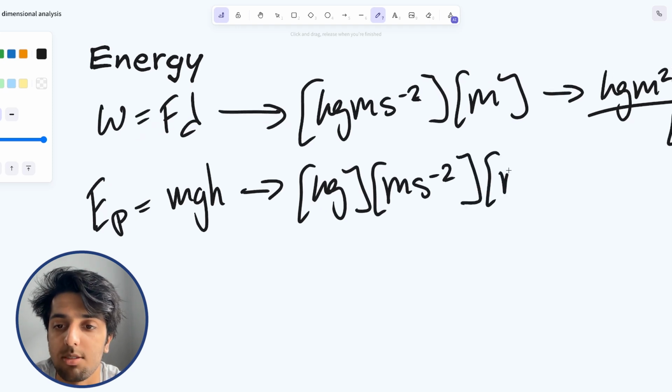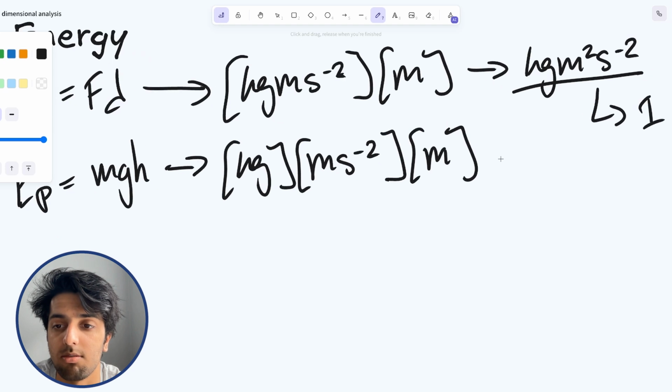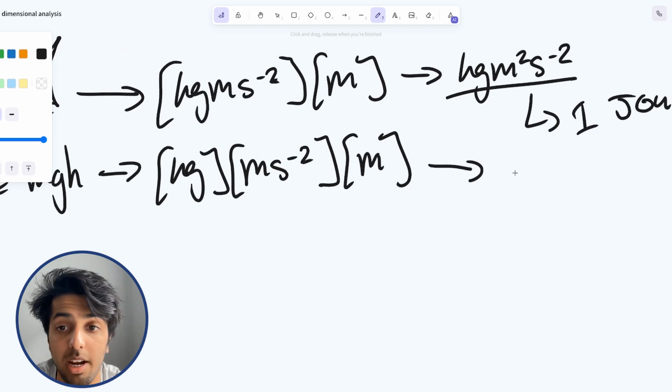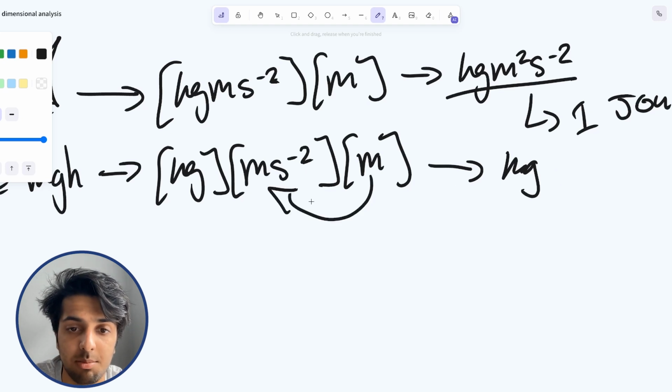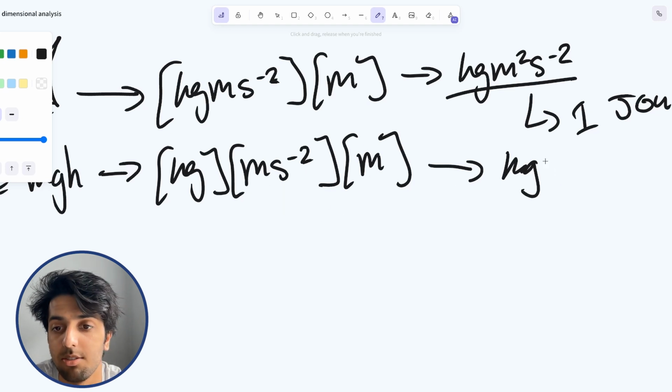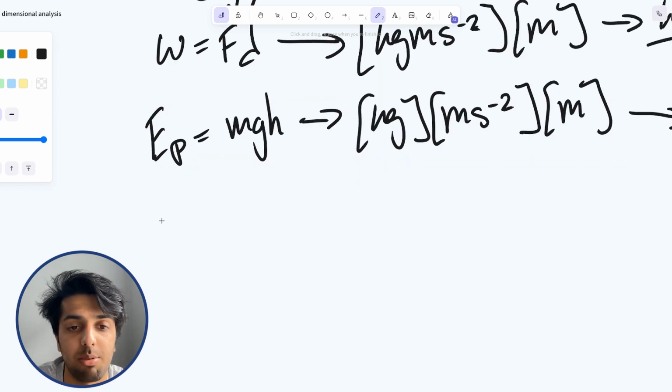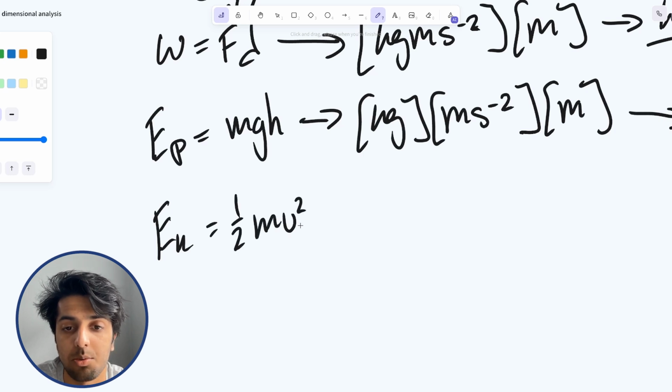And then we have our height, which is meters, right? And then again, combining all this together, you can see that we get kg meters squared, because that meters is times by that meters, so we get meters squared and then per second squared. We can go to another popular energy equation, which is kinetic energy. It's half mv squared.